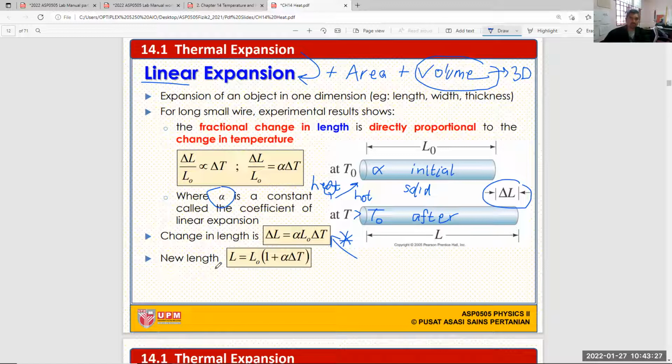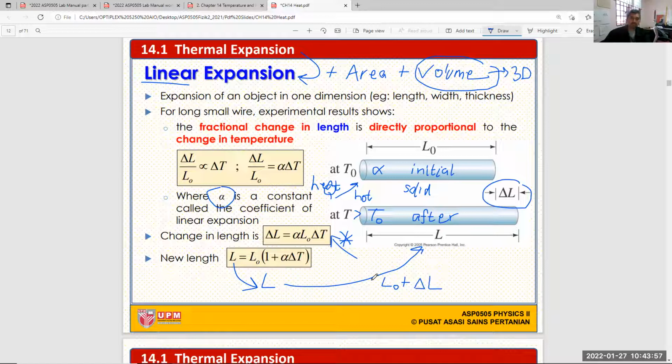And we have another equation that is about the new length. This is the one where we can get the final length. This final length is actually the addition of delta L, so L0 plus delta L. So you have what we call the total, or the new length.